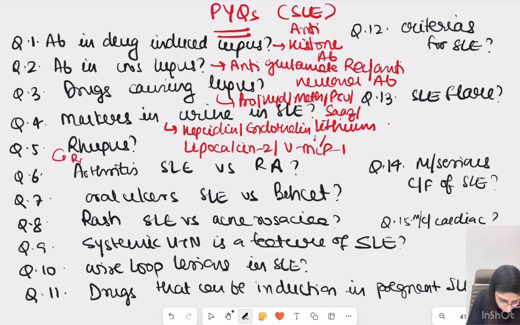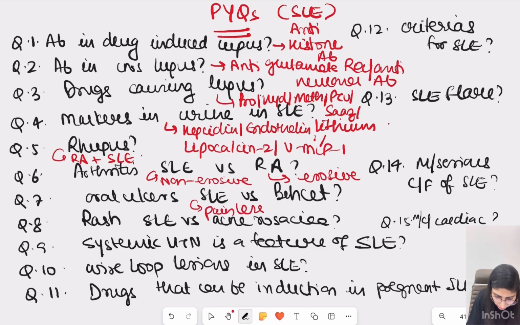What is rupus? Rupus is rheumatoid arthritis plus SLE. Arthritis in SLE is a non-erosive arthritis, and rheumatoid arthritis is an erosive arthritis. Oral ulcers in SLE are painless, while in Behçet they are painful.